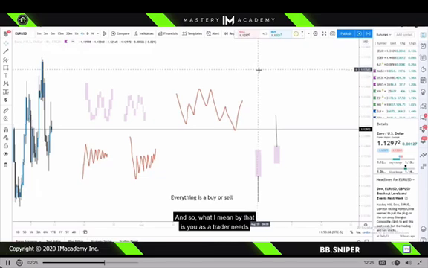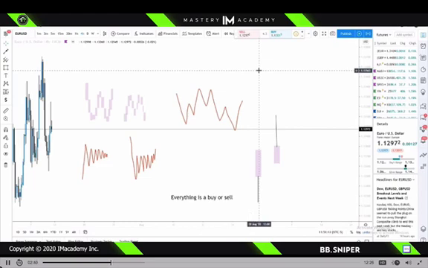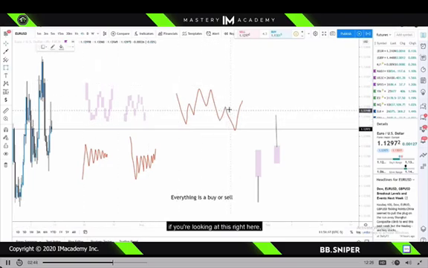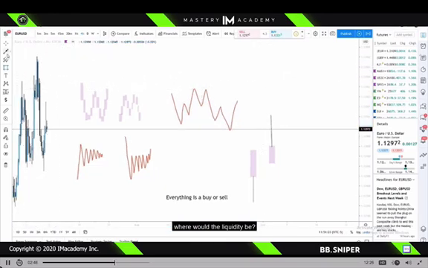And so what I mean by that is you as a trader need to understand where this liquidity in the markets that has not been created yet on candlesticks is. Okay, and what I mean by that is, if we were looking at this right here, where would the liquidity be?